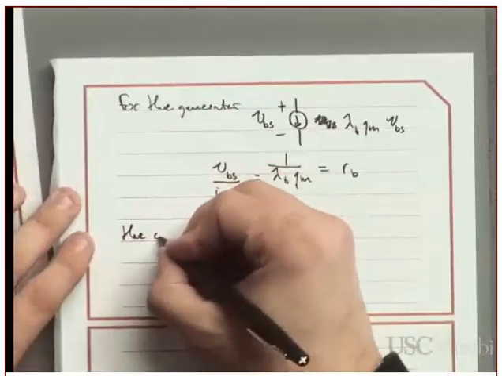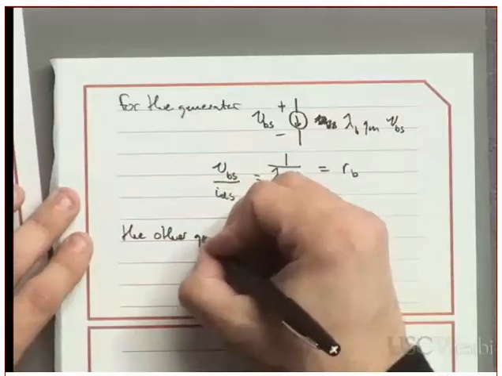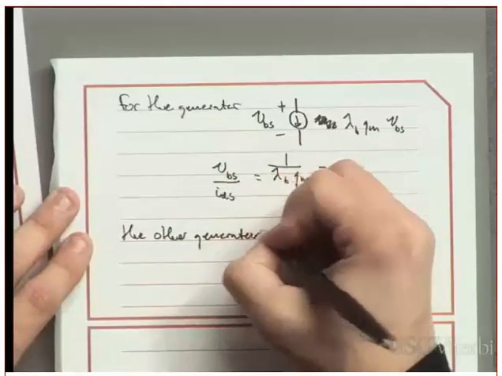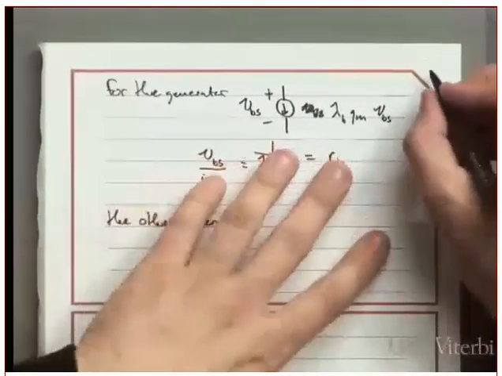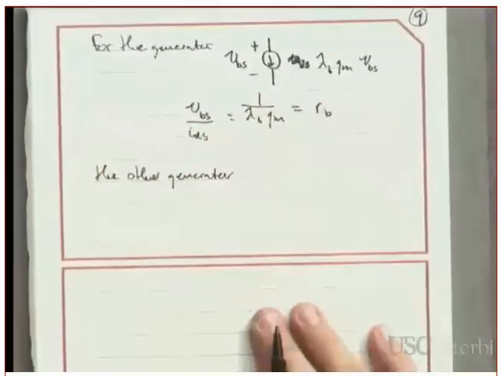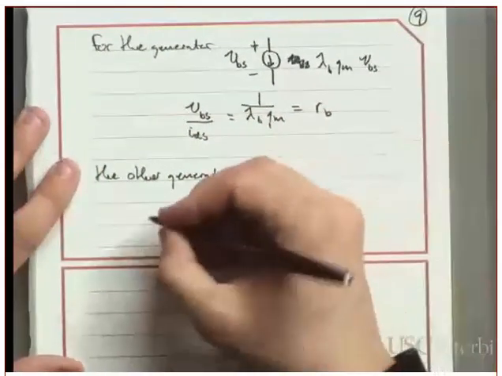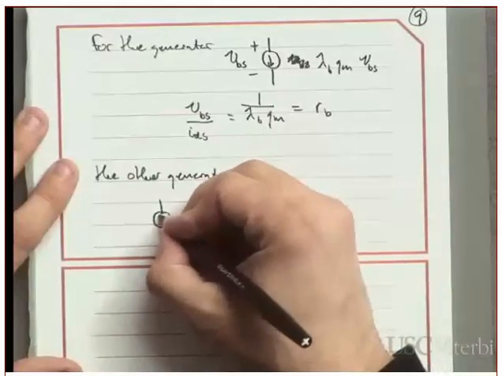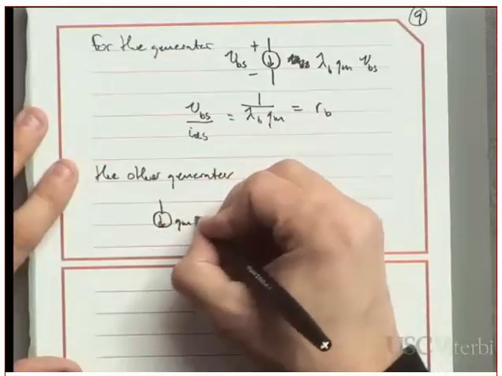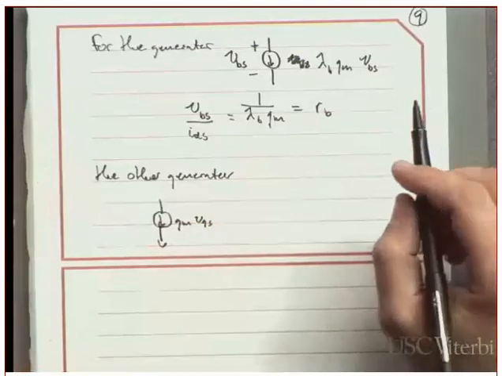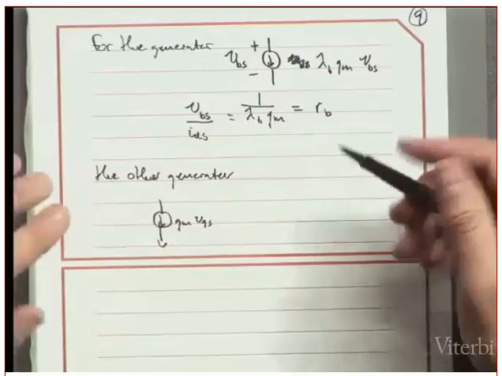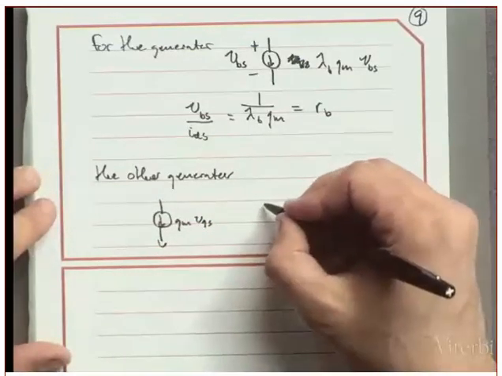So the other generator, and this is the one that they really mess with when they try to make that other model to make it look simpler. You have this. You have GM, VGS. And now I told you that VGS can be decomposed into VI and VBS.